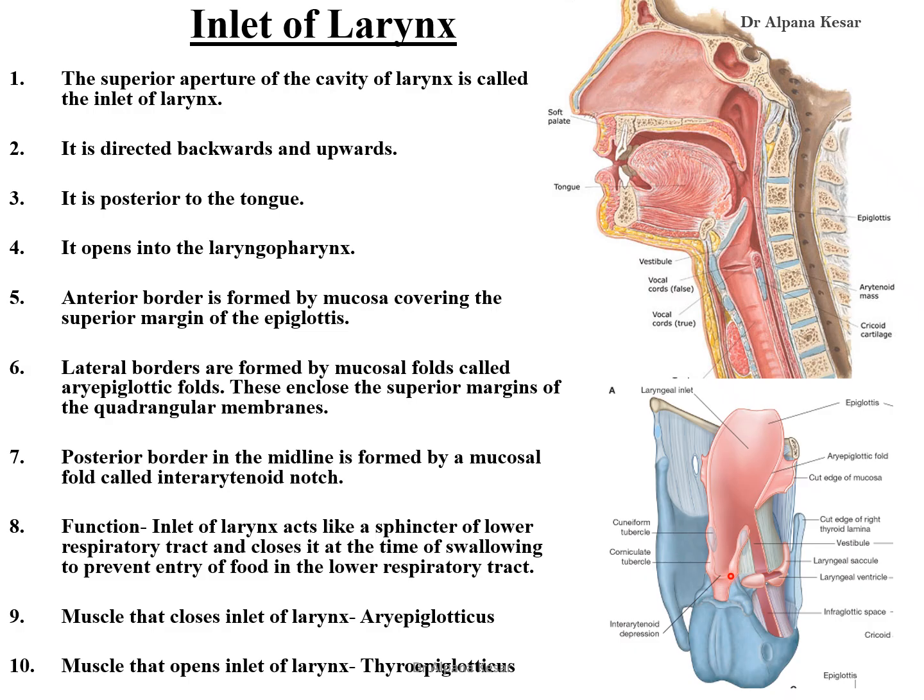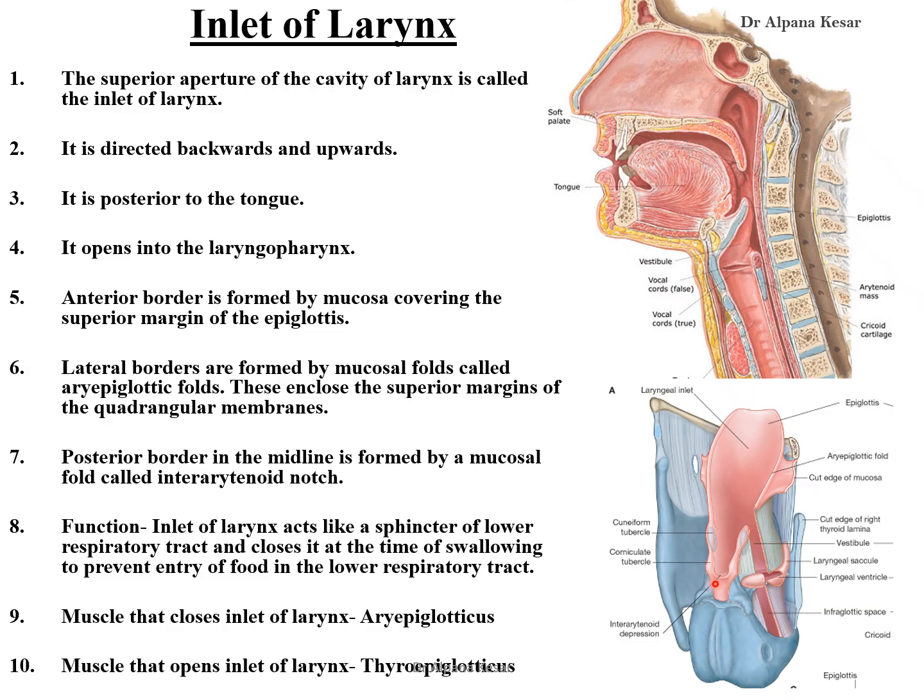This is the arytenoid cartilage present behind, and here we have the epiglottis. This fold of mucosa running from arytenoid cartilage to epiglottis is called the aryepiglottic fold, and it is a fold of mucosa which covers the upper margins of the quadrangular membrane.